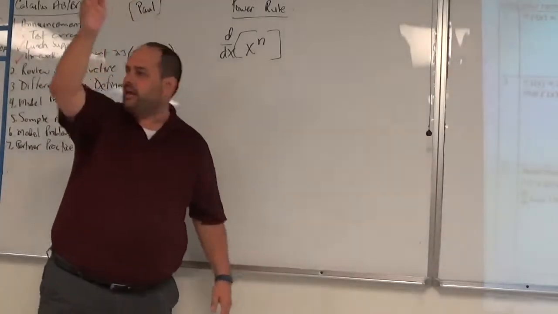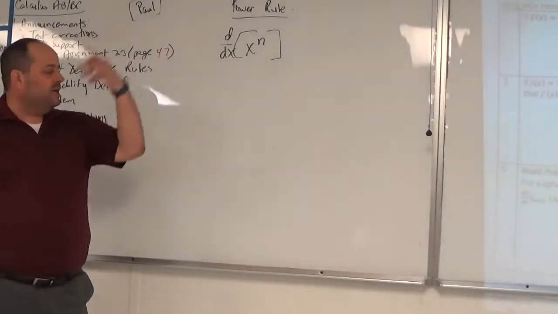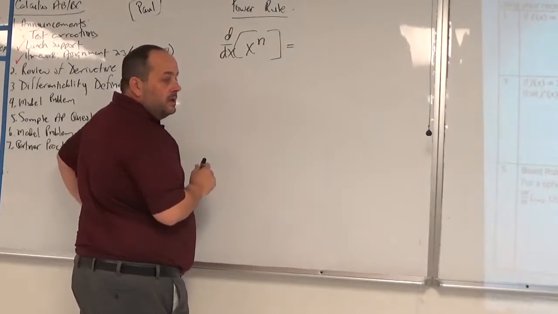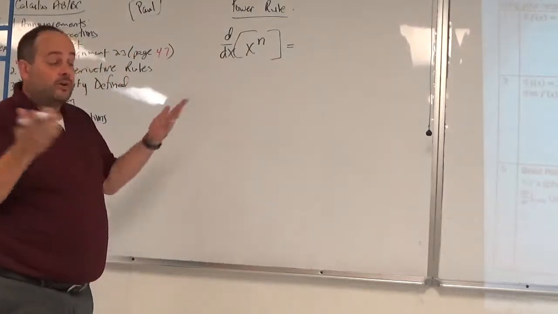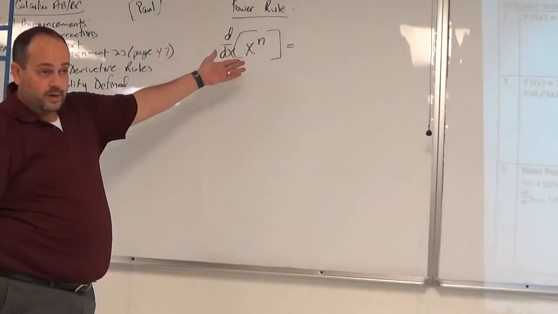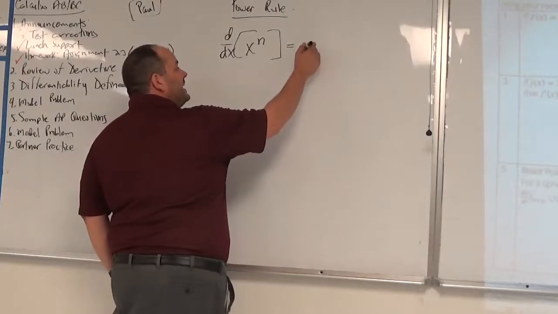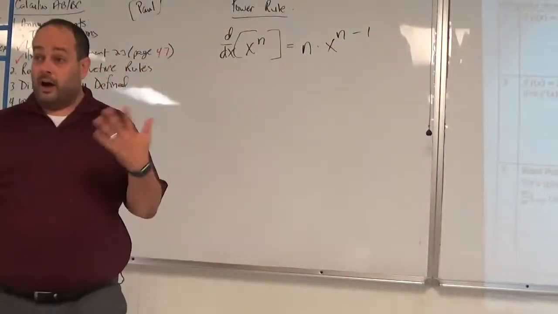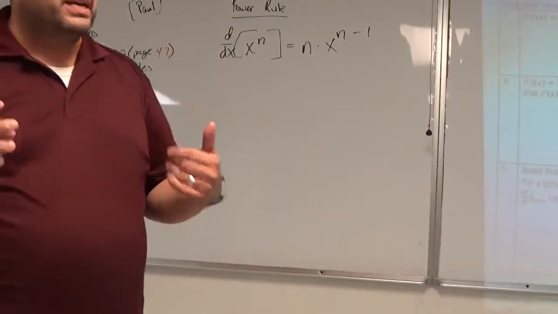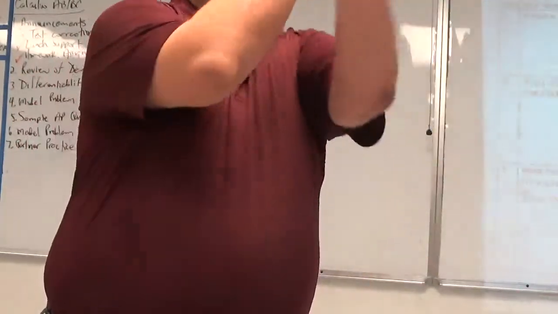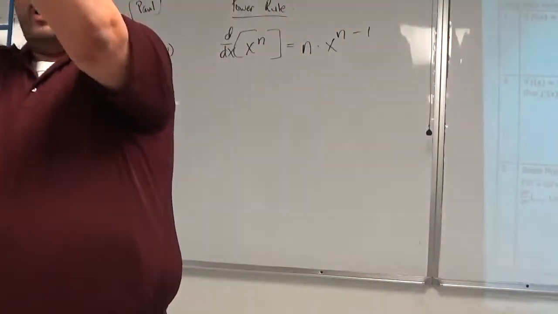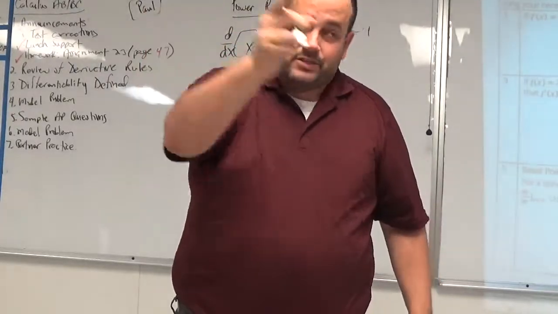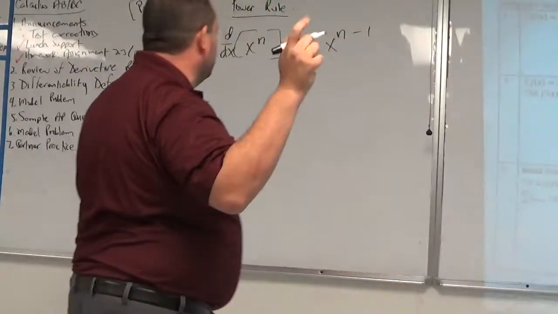Diego, in general, how would you find the derivative using the power rule? You bring down the power, and you reduce the power by 1. We're all going to say that on the count of 3. The power rule says 1, 2, 3. If I have x to a power, you bring the power down and reduce the power by 1.